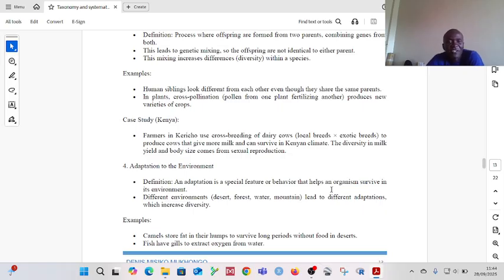So those different environments are the ones that will lead to the different changes, which we are now calling adaptations. And those different adaptations are what will eventually result in an increased diversity.